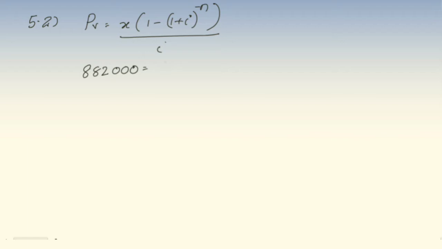So x is the monthly installment, that is 10,000, bracket 1 minus again bracket 1 plus i. i is r over 100. What is the rate of interest? 11%. So i is 11 over 100, that is 0,11, divided by 12 because it is monthly, to the power minus n. So n is the number of months.